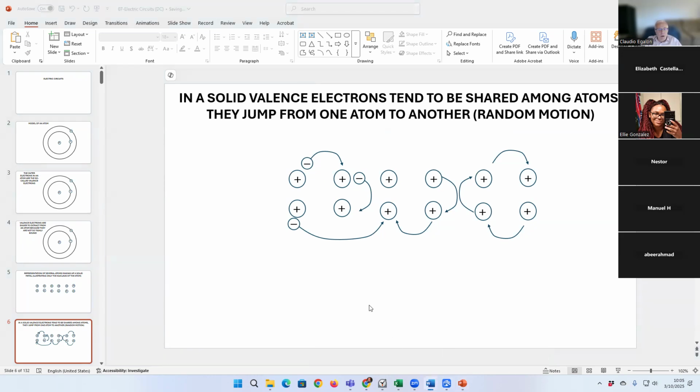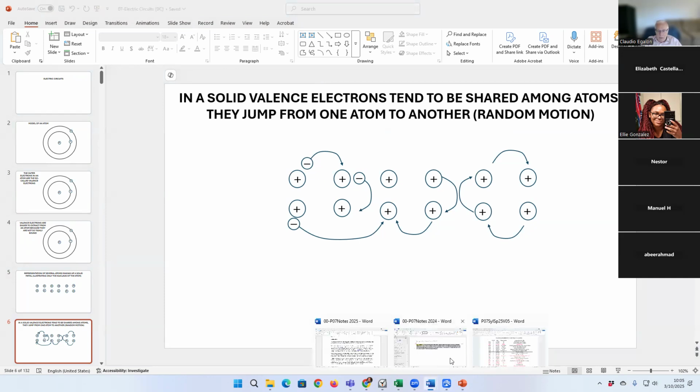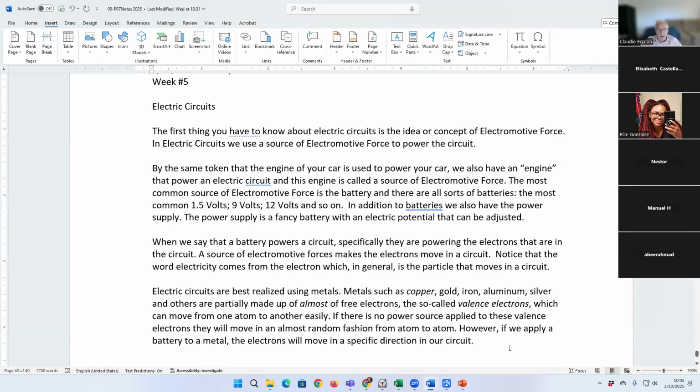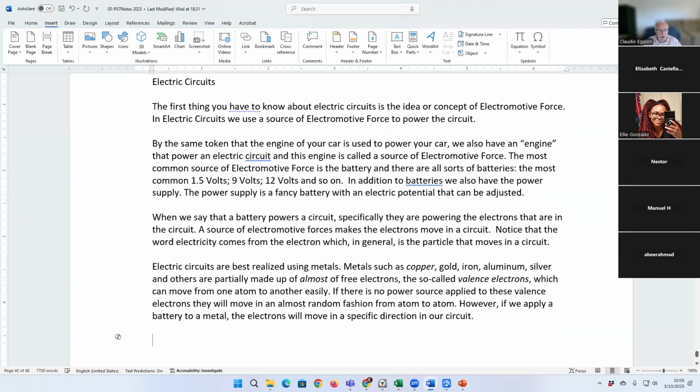So let's write that down now. Let us look step by step at how an atom works.